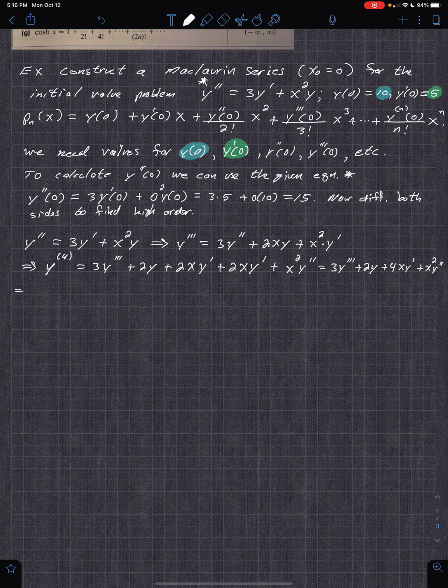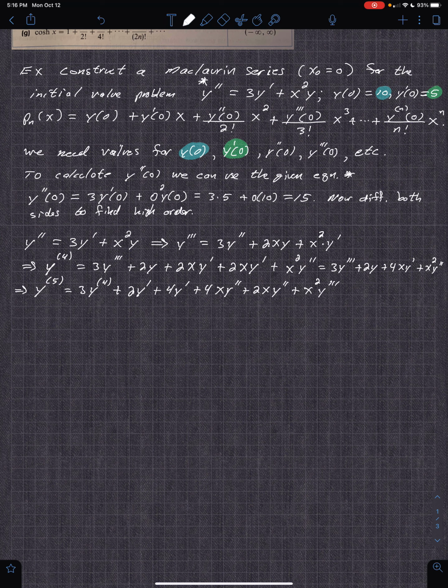And then do the derivative again. Fifth derivative is equal to 3 y fourth, not 5, plus 2y prime plus 4y prime plus 4x y double prime plus 2x y double prime plus x squared y triple prime.